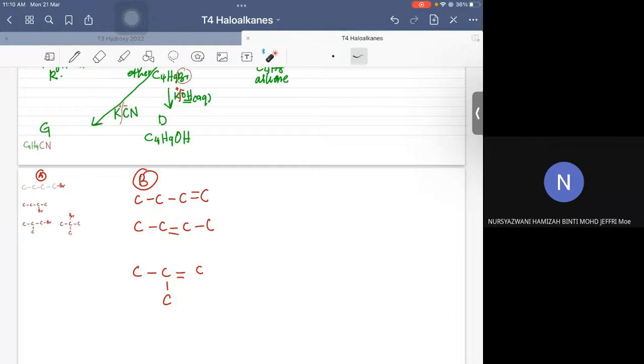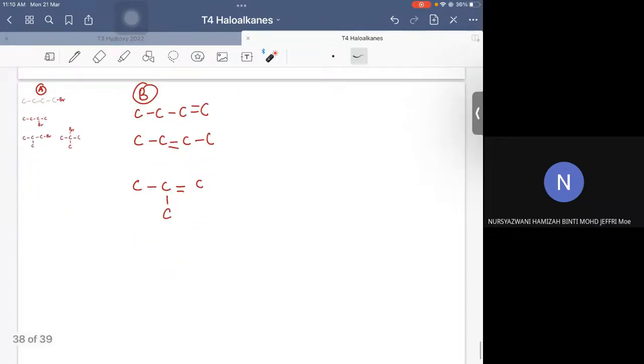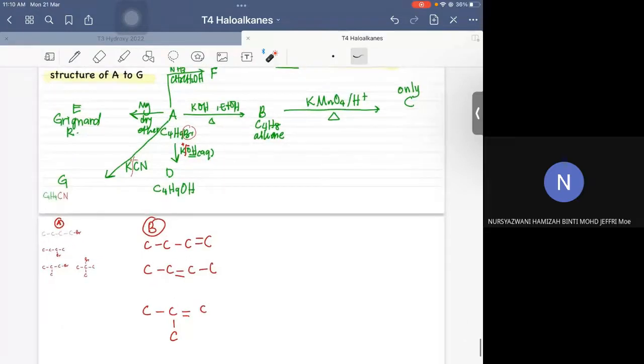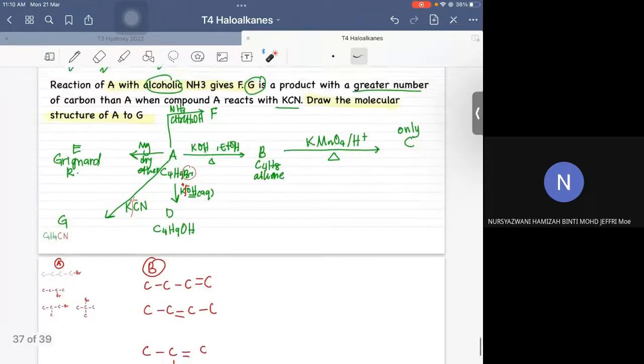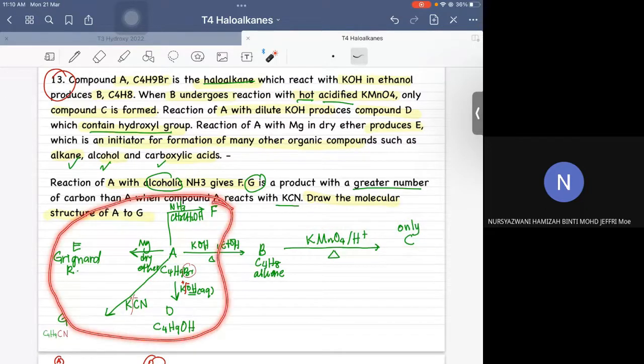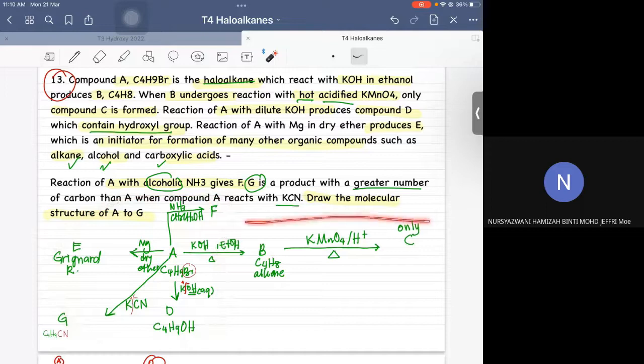So kita ada 3 possibility untuk struktur B. Jadi kalau nak pilih struktur B, kita kena tengoklah syarat seterusnya, iaitu keyword dia adalah B ni bila react dengan KMnO4 acidified, only C produce. So kamu tak boleh mulakan dari tempat lain, melainkan soalan ini boleh ditackle bermula daripada struktur B to C.